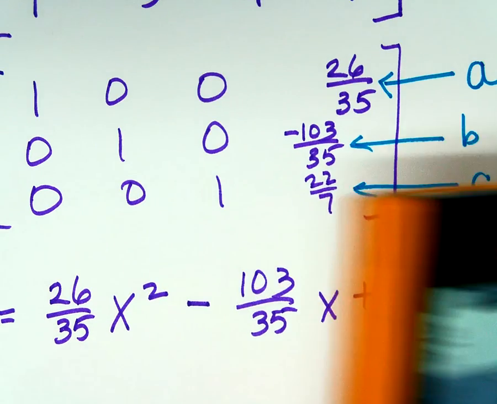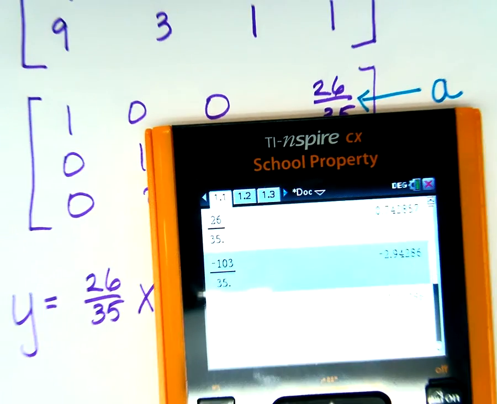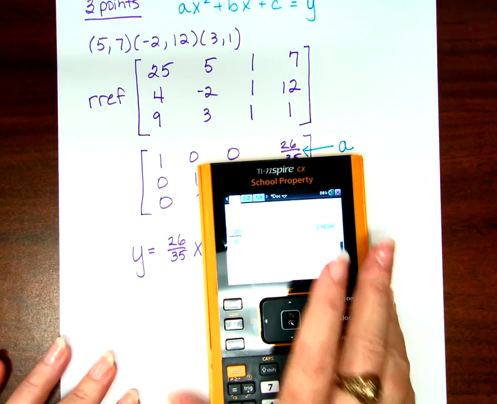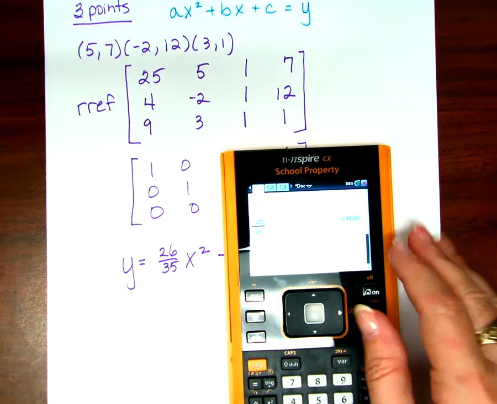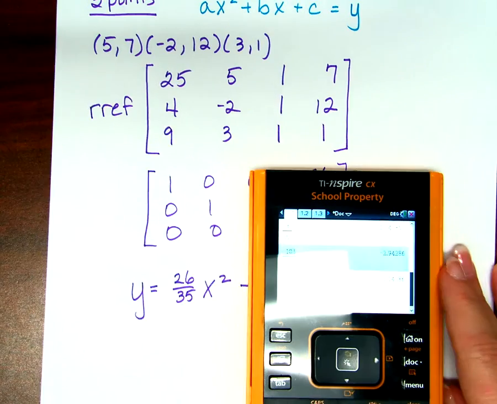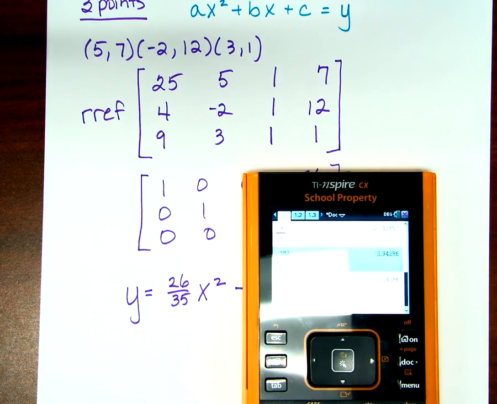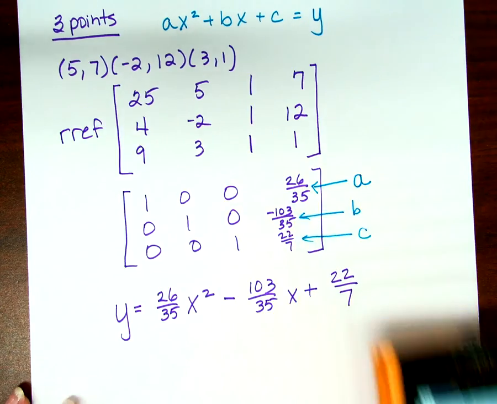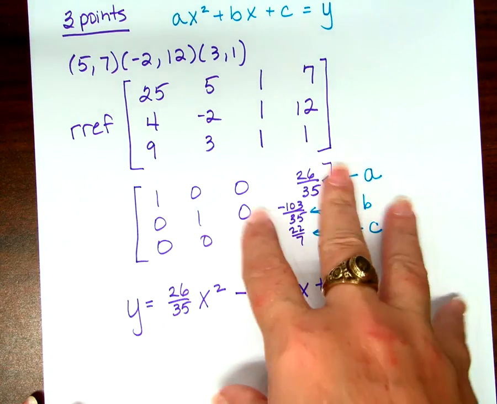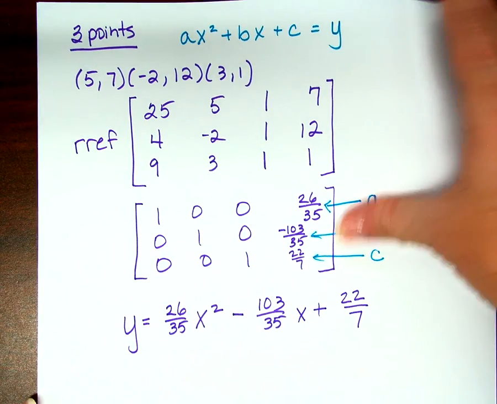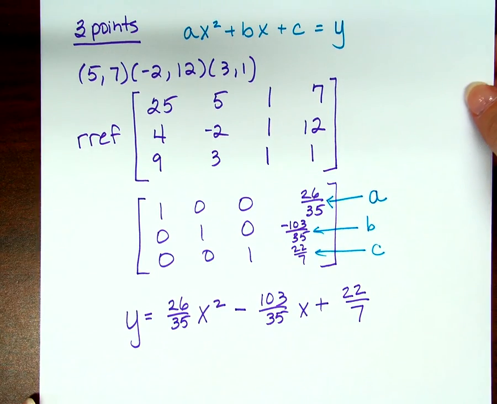Does that make sense? So does it matter which way you do it? No, it does not. Okay, you can do it either way. Either way, you're using the calculator, aren't you? Okay. Do you have any questions about finding the equation of a parabola given 3 points?